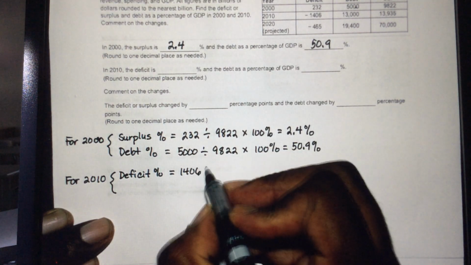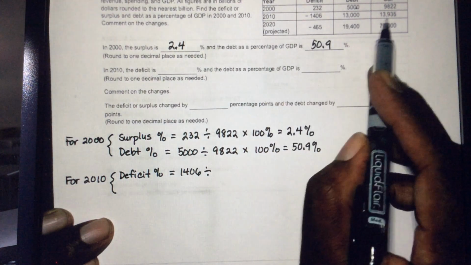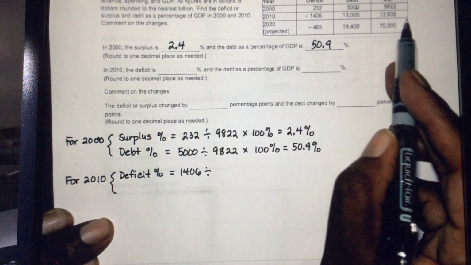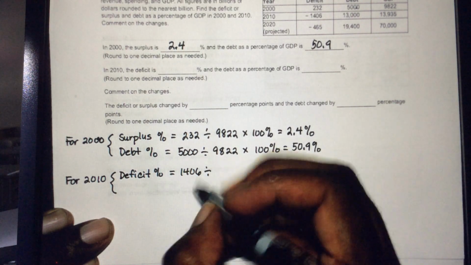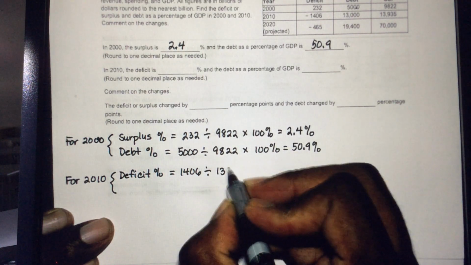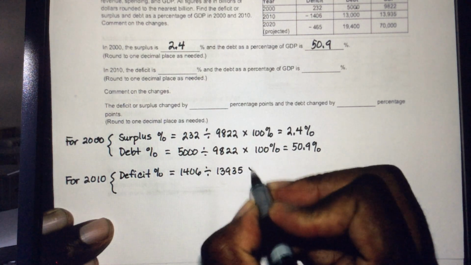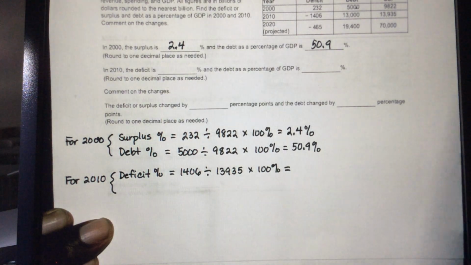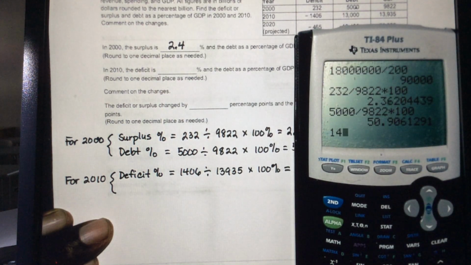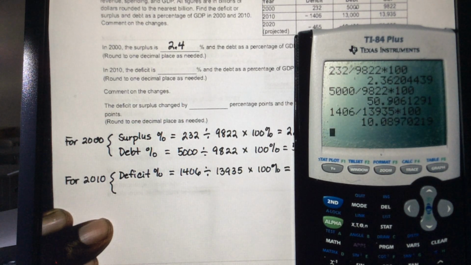That's going to be divided by the GDP in 2010, 13,935, times 100%. And to one decimal place, this amount will be 10.1%.